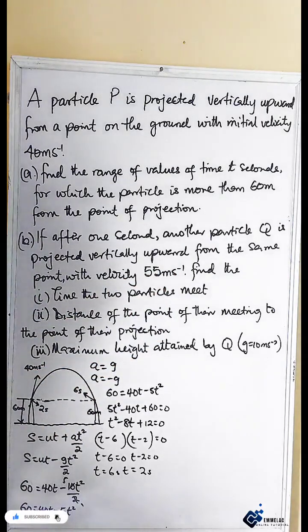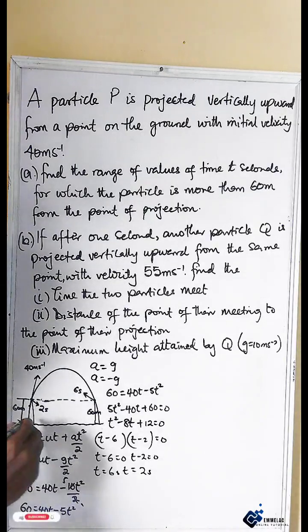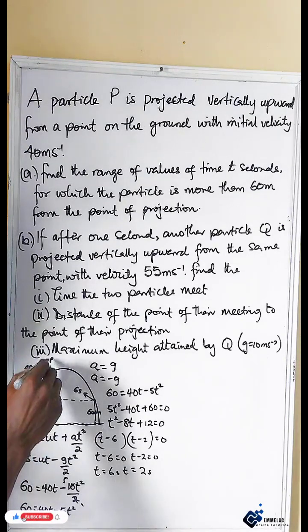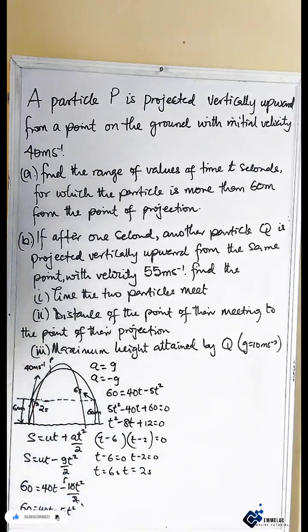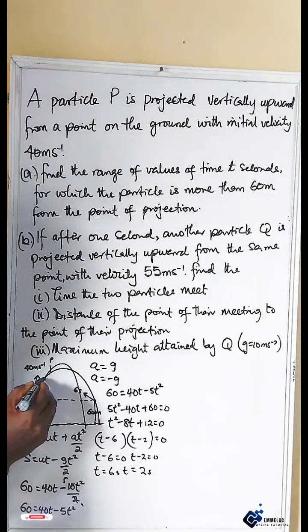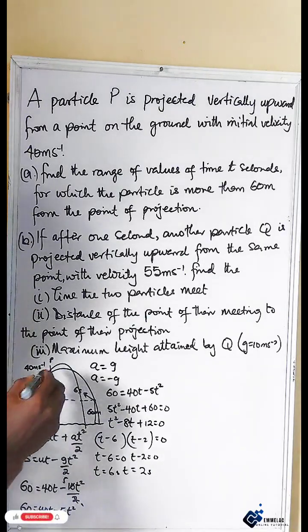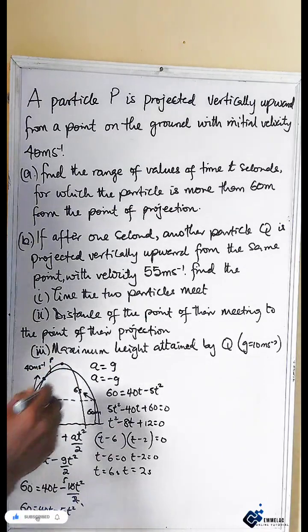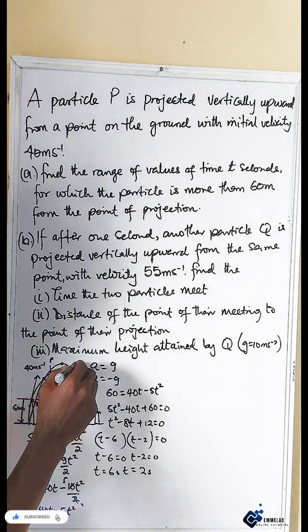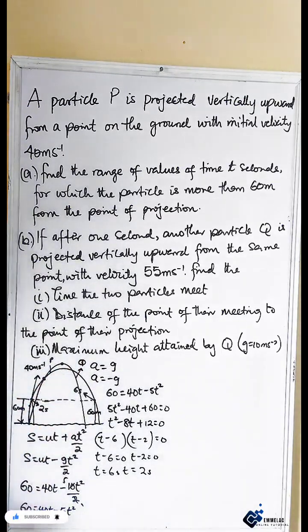Let us assume after 1 second, from the same point, this is P here, and now another one here. Let us assume that this is probably where they will meet, and maybe this is the maximum height for Q. This is just an assumption and not the exact phenomenon.